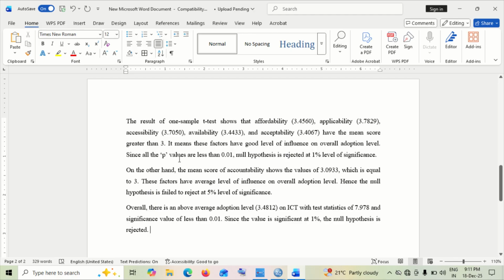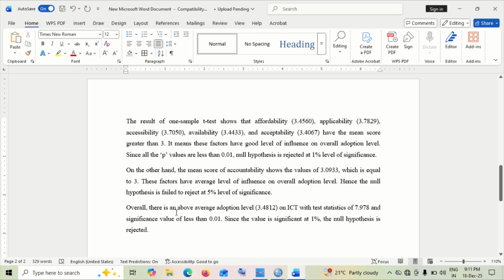Since all the p-values are less than 0.01, the null hypothesis is rejected at 1% level of significance. On the other hand, the mean score of accountability shows the value of 3.0933, which is equal to 3. This factor has an average level of influence on overall adoption level. Hence, the null hypothesis is failed to be rejected at 5% level of significance.